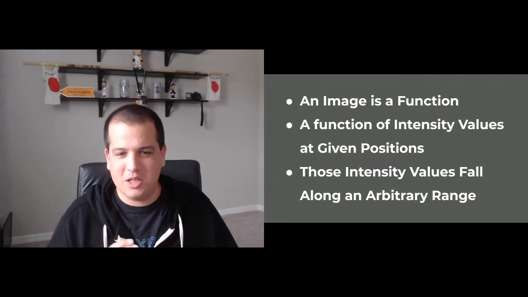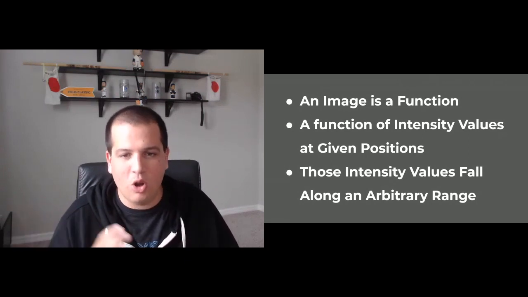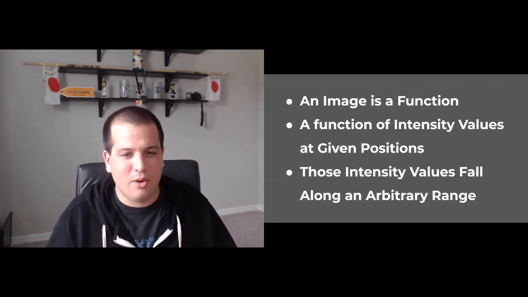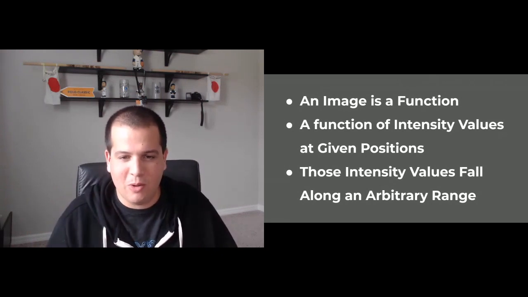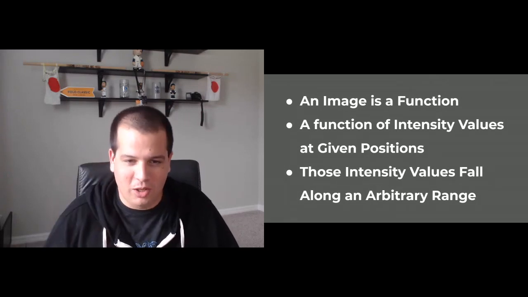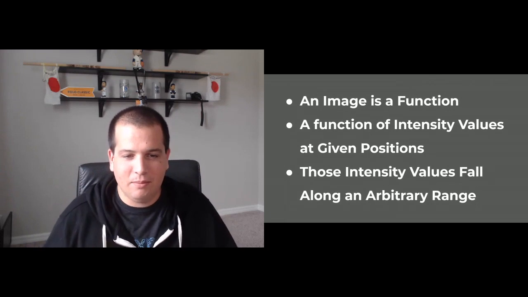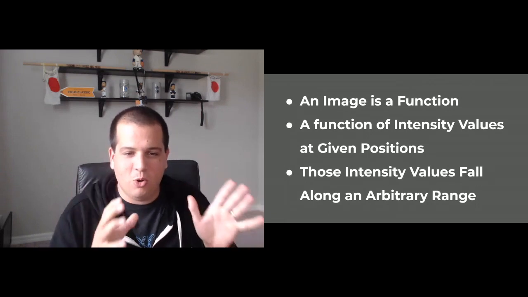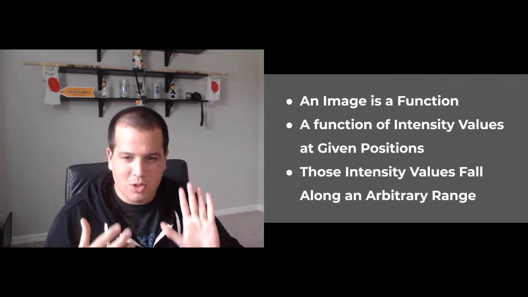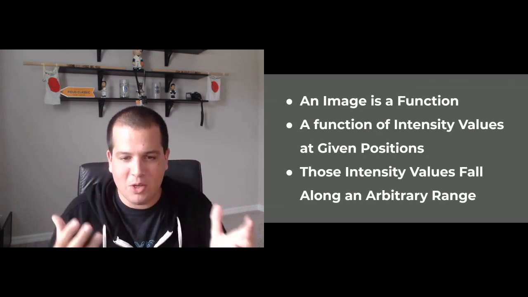But technically, as long as these values can be found along a bounded range, the math will still hold. And when you get into other applications of image processing, like HDR, the range of values is exponentially larger and technically infinite.